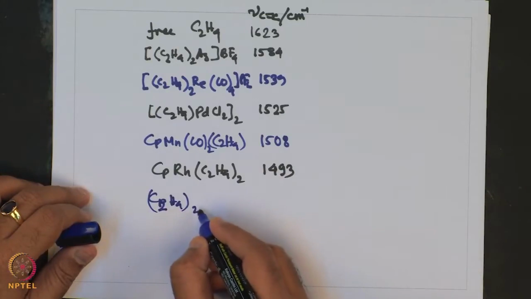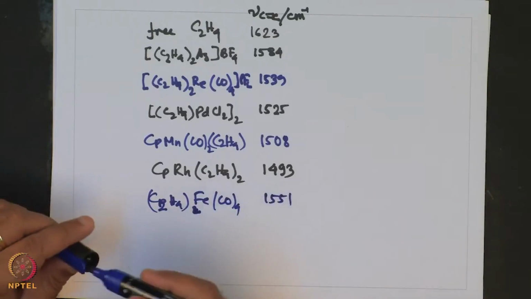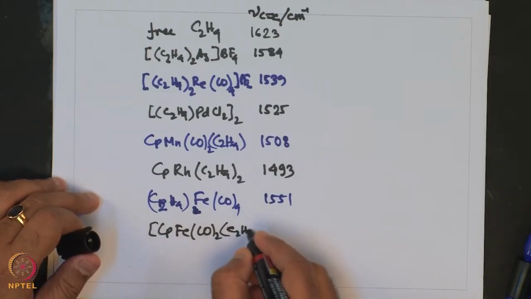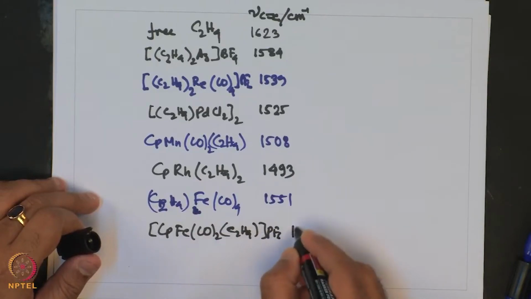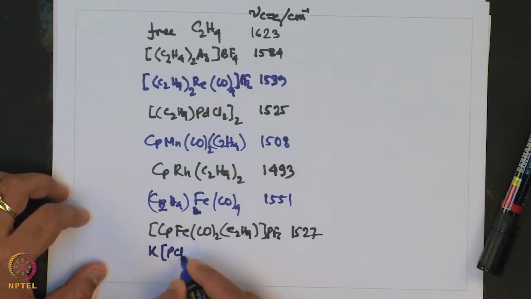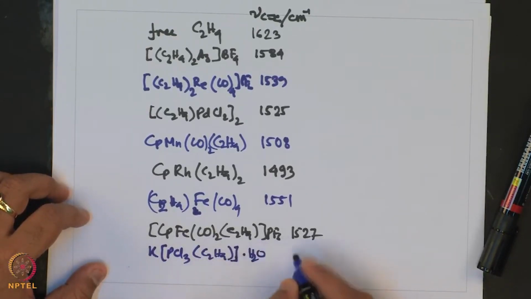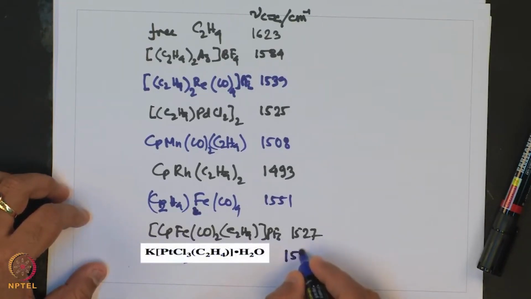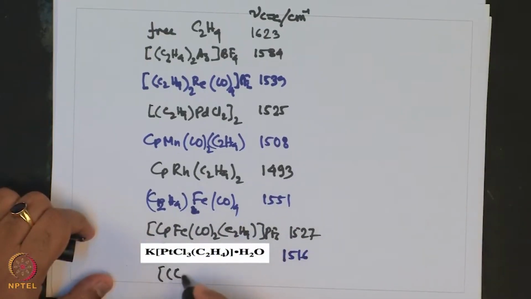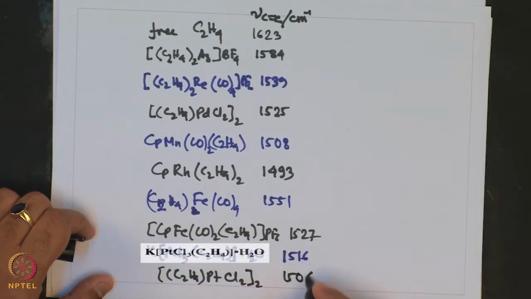C2H4 Fe (CO)4 is 1551, then Cp Fe (CO)2 C2H4 PF6 is 1527, and the one that is Zeise's salt, KPtCl3 C2H4 H2O, is 1516, and the last one is C2H4 PtCl2, is 1506.